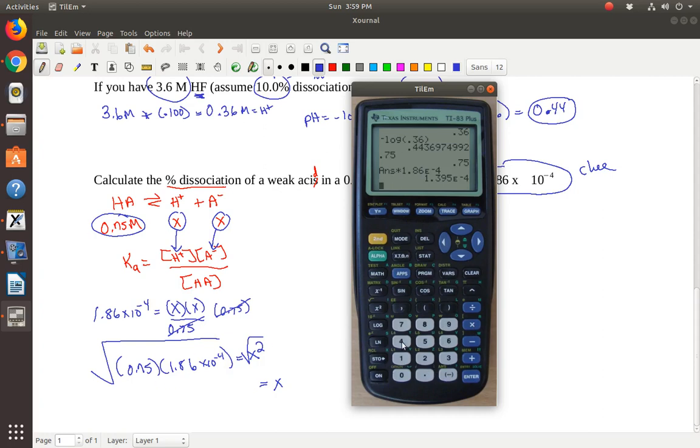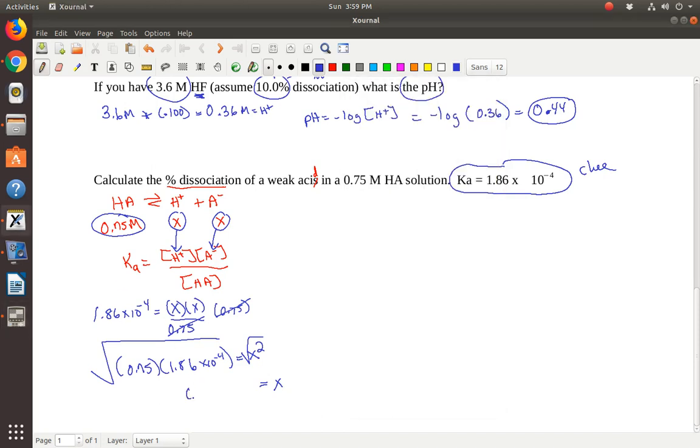And now I'm just going to take the square root of that, and I always like to go up caret to the 1/2 power. I don't know why. So it's 0.012 molar. This is the concentration of the hydrogen. This is the X. The X is the concentration of the hydrogen ion.